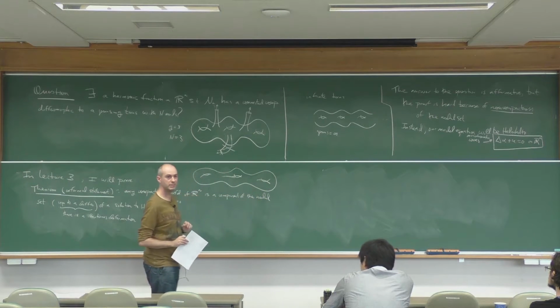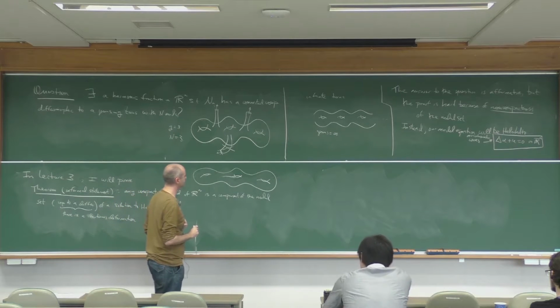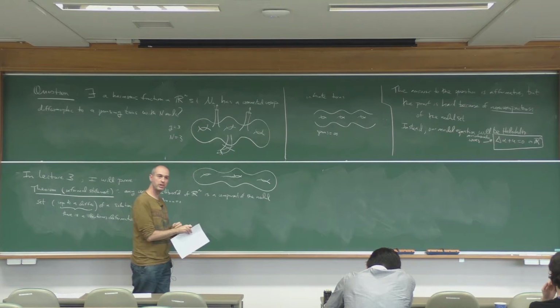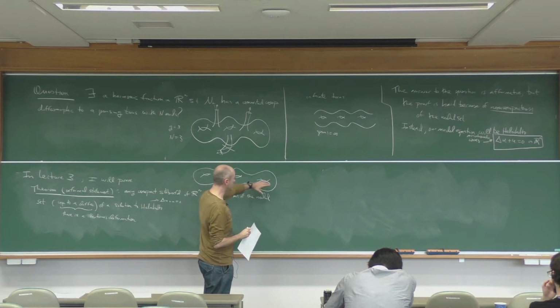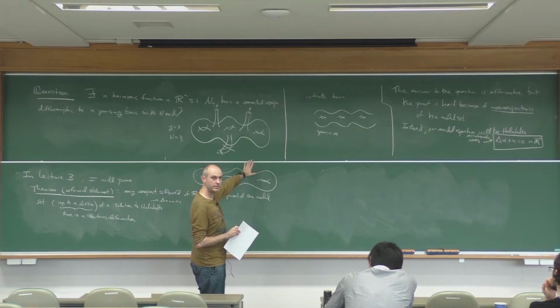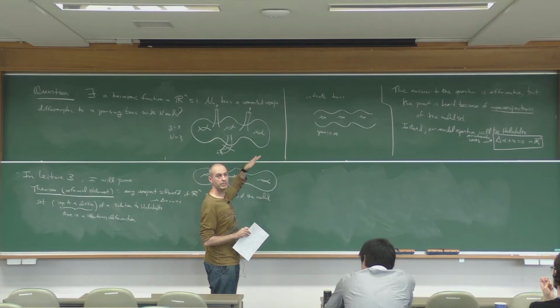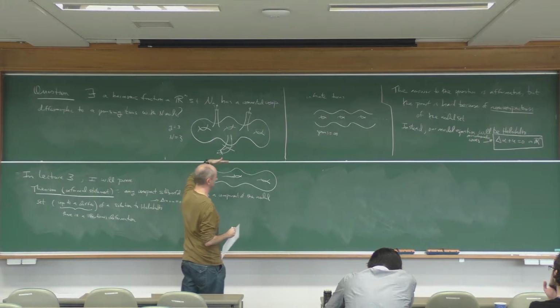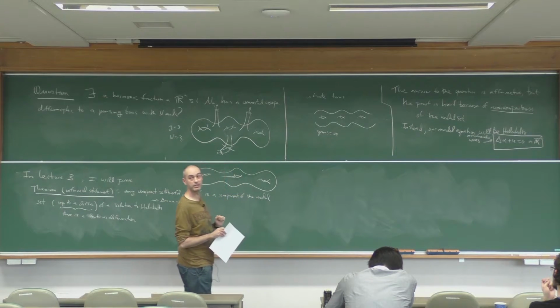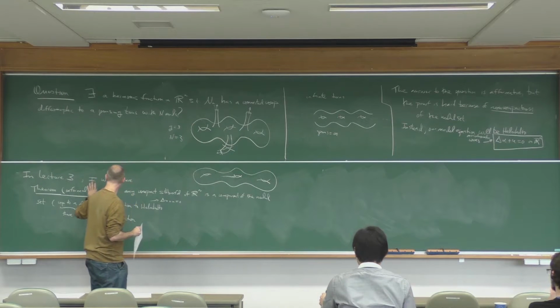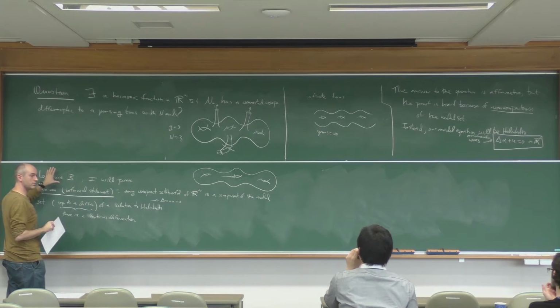So you can move this in a continuous way without self-intersections, without any development of singularities, so that it reaches in finite time exactly the nodal component that you want. That's the theorem. This is the theorem that I'll prove in the third lecture.